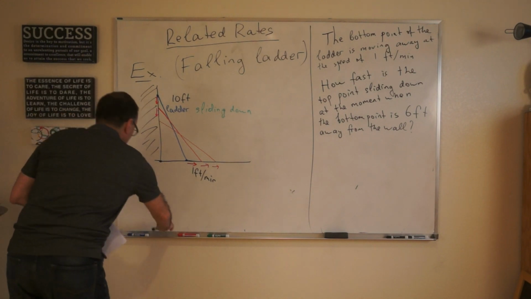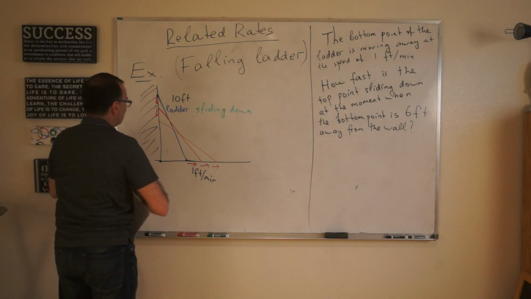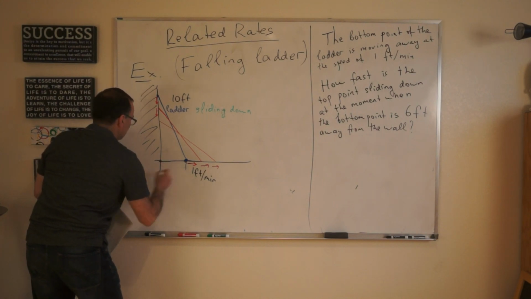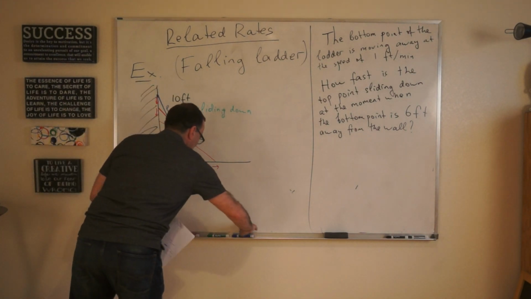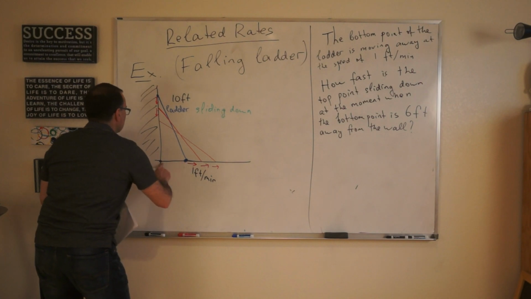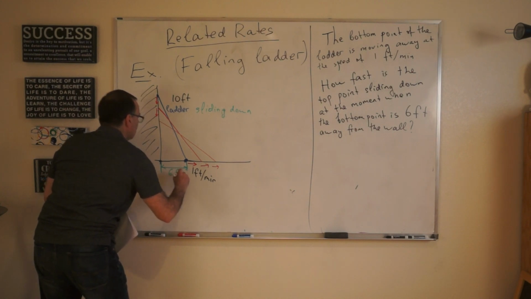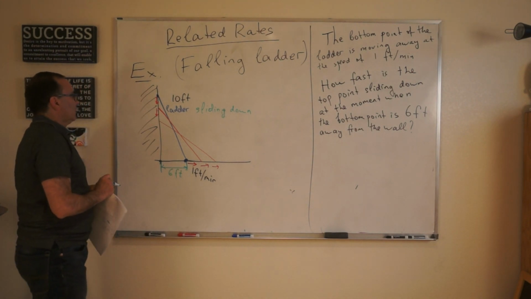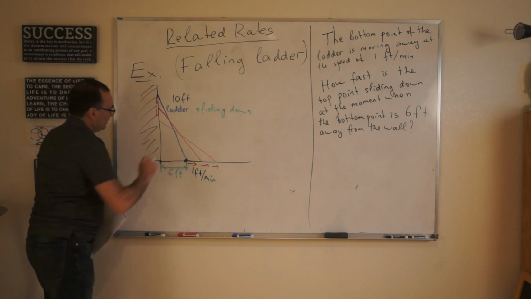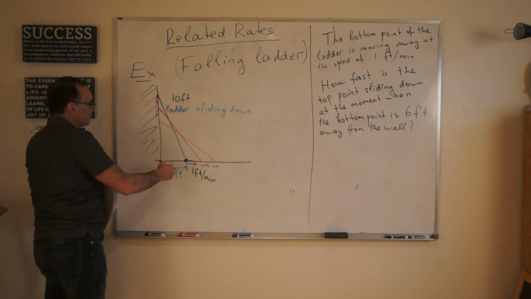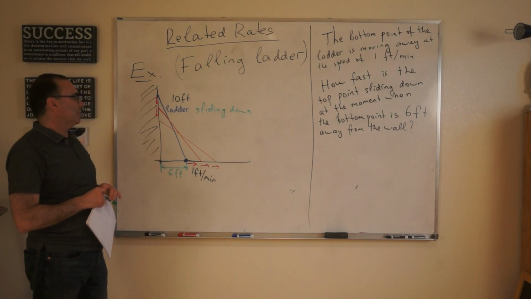So here's what this problem is about. It's given that this distance from the bottom point of the ladder to the wall, so this distance here, I'll just pick the color, is 6 feet. The length of the ladder is 10 feet. Now, since the ladder is moving, we're talking about one single moment of time.